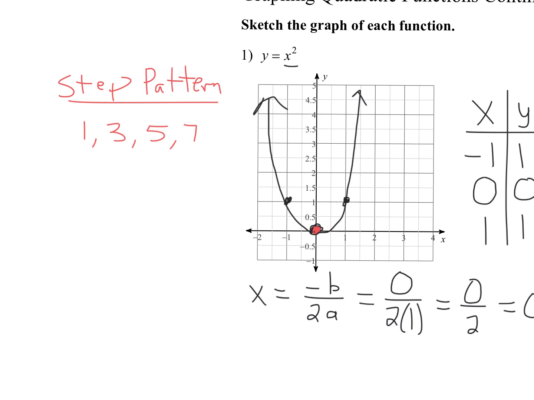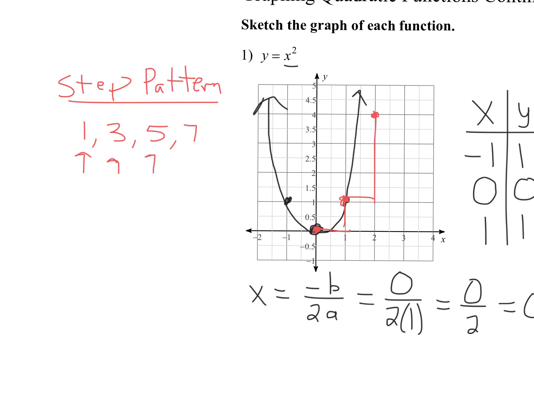So my first one, I'm going over 1, and then that first step is up 1, which gives us our 1, 1 point that we found, right? Okay, the next step pattern is 3, so I'm going to go over 1, up 3. And that's my next point.